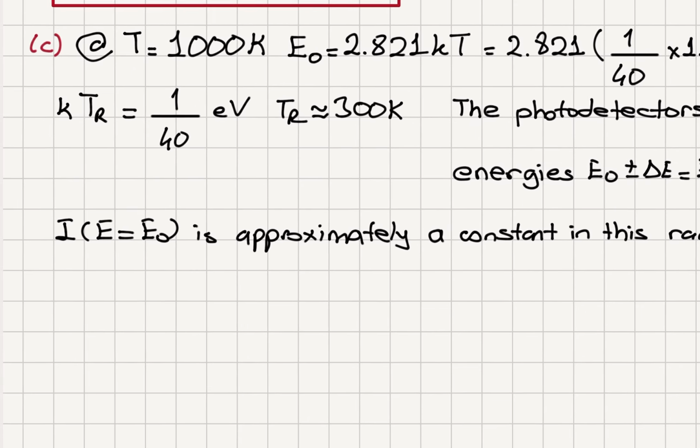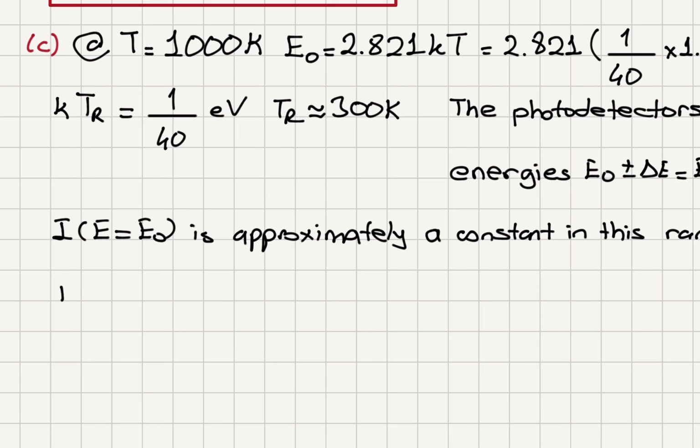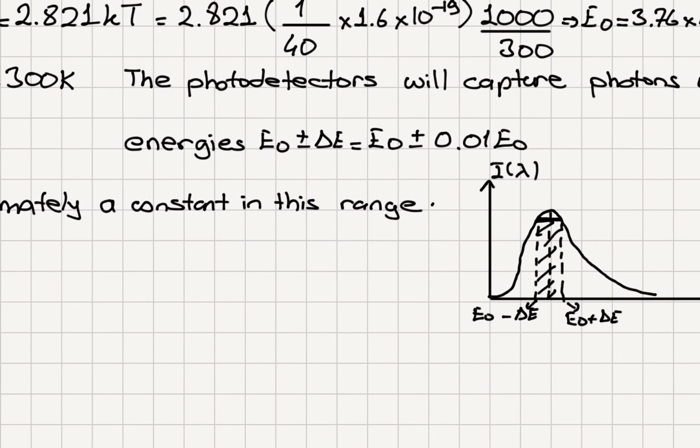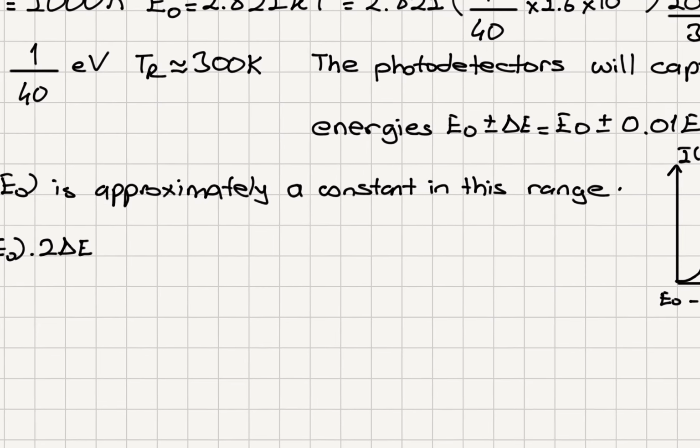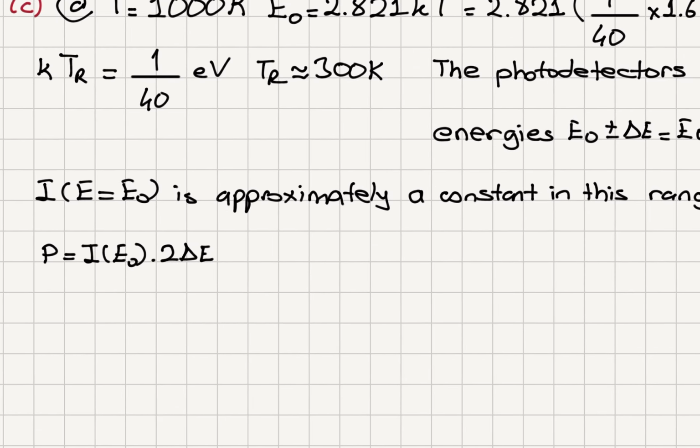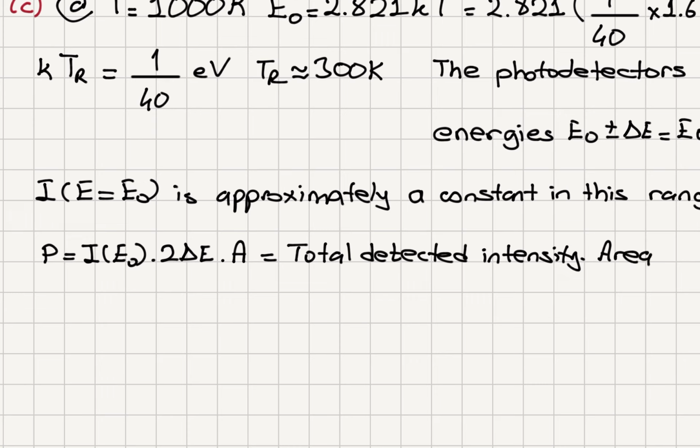So the total power that will be detected here is the intensity at energy E0 multiplied by 2 delta E to find the spectral emittance in this energy range. That's the total intensity detected. And if you multiply it by the surface area, because intensity is power per perpendicular area, we will get the total power. So this is the total detected intensity multiplied by the surface area.